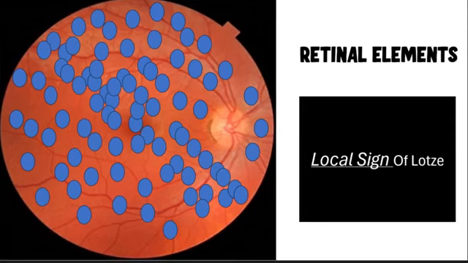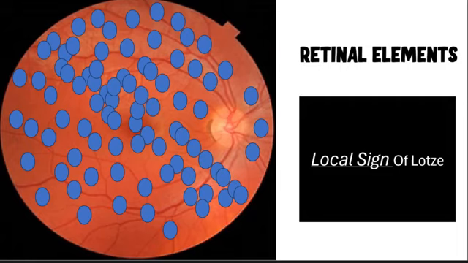The direction in which a visual object is localized is determined by the directional or the spatial values of the stimulated retinal elements that you see over here in blue color. So this directional value is basically an intrinsic property which is inherent to individual retinal elements in the retina.